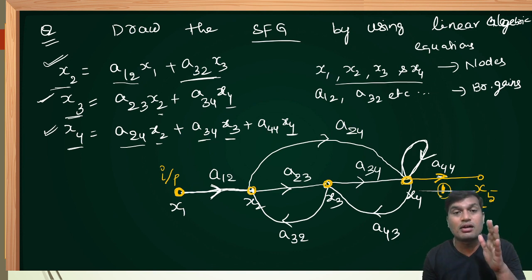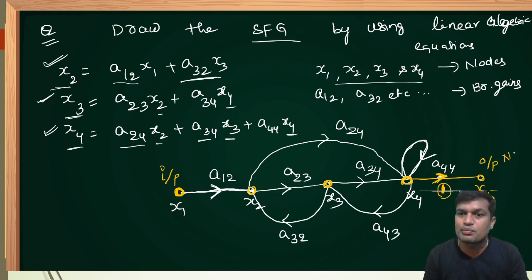Therefore, whenever an output node is not given in a signal flow graph, please consider a branch gain of unity wherever you require an output. Then we can create an output node so that the system has output as well as input. I hope everybody understands. Now x5 is the node. To this node, only incoming branches are there. Therefore, this is treated as the output node.